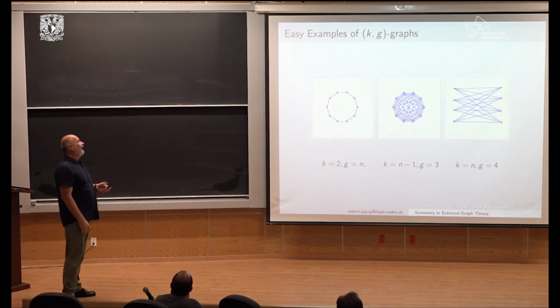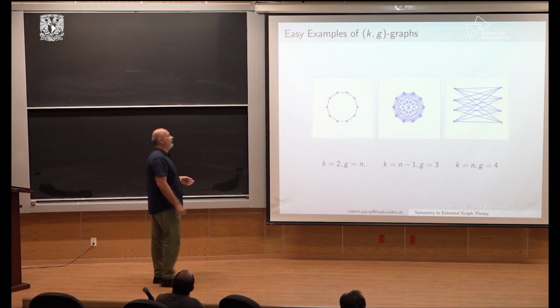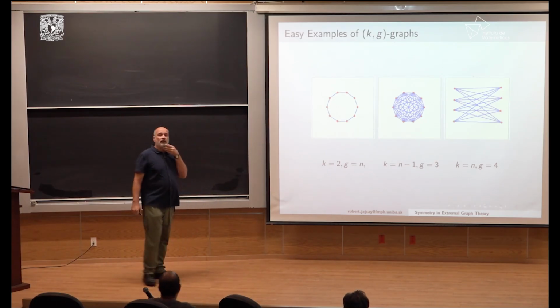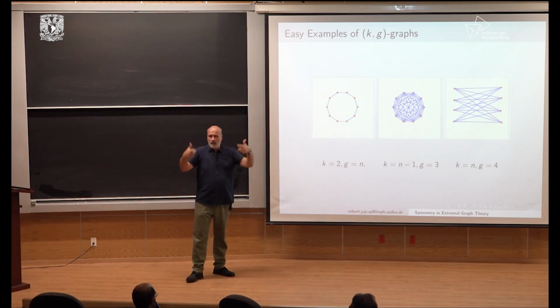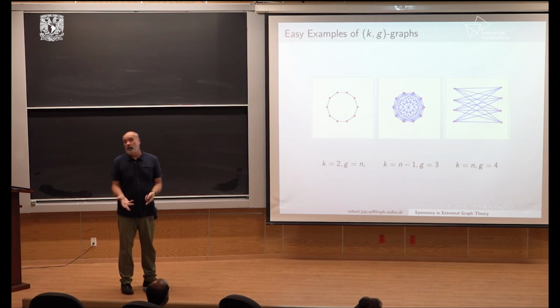Okay, easy examples, just in case you were wondering whether there are easy examples. Of course, if you want every vertex to be of degree 2 and the girth is n, you take an n-cycle. Every vertex has degree 2, and you have a cycle of length n, and obviously you don't have a shorter one.